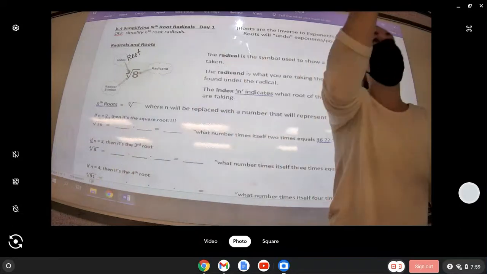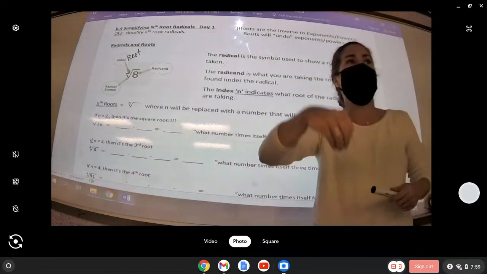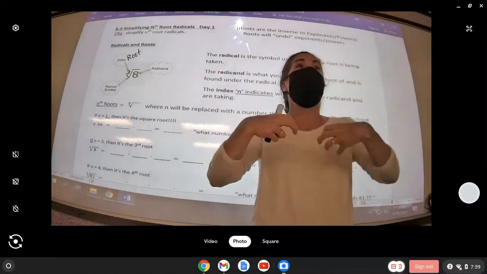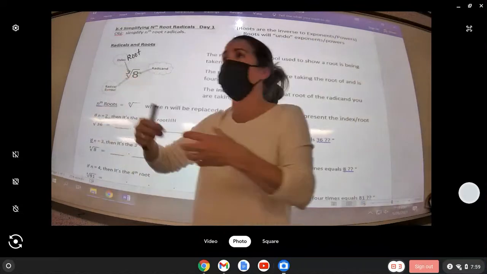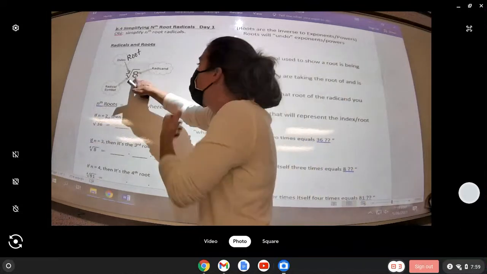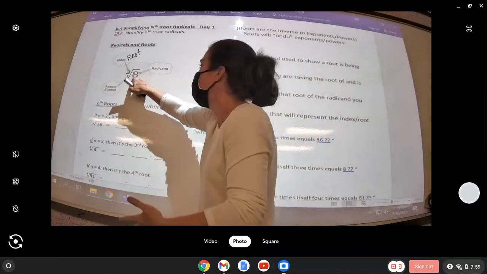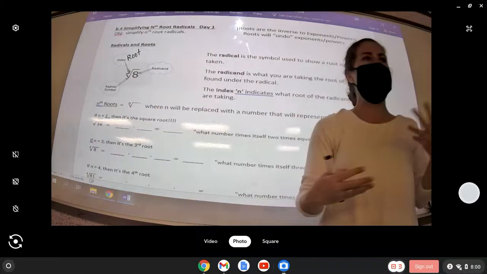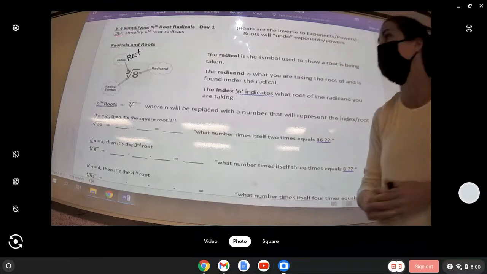It's telling you what root you are taking of the number underneath. What power are you undoing? So if it's a third root, you are undoing a third power. And whatever you're taking the radical of, the number underneath, is called the radicand. So if you ever see that vocabulary, that's what it's talking about.